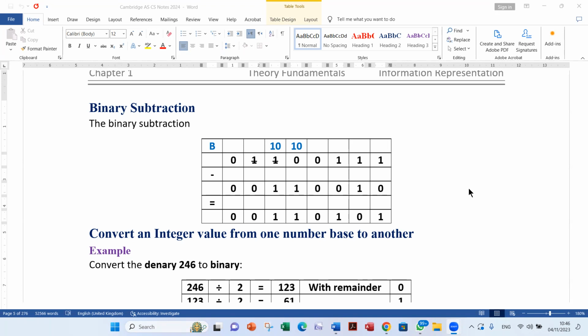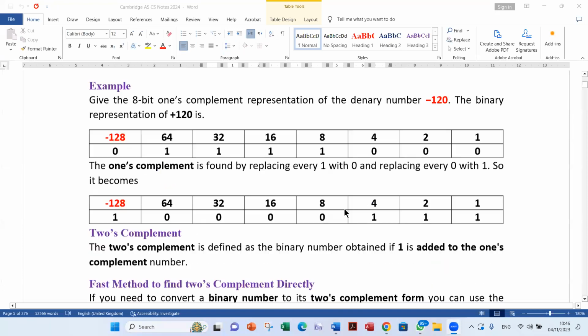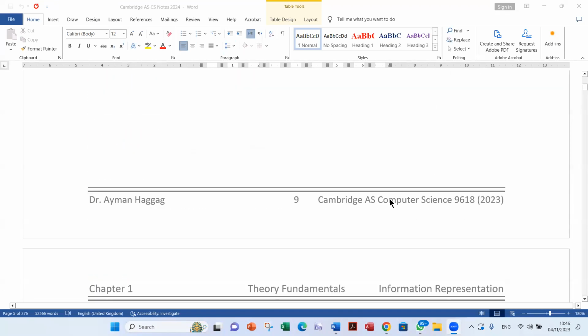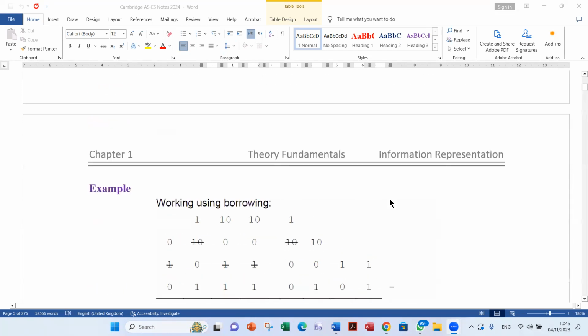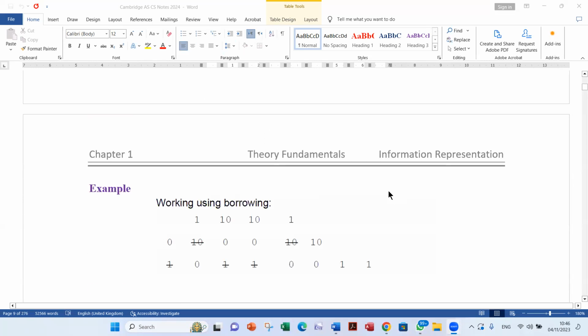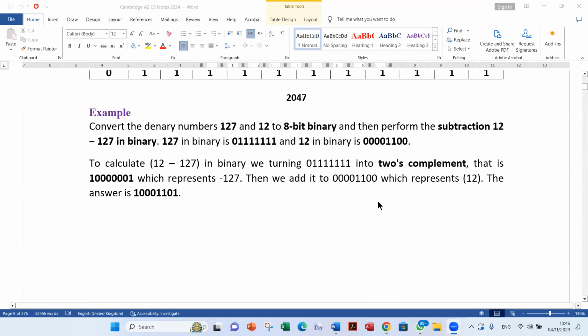Later on I will be teaching you representation of positive and negative numbers, and then there will be a more complex subtraction question.